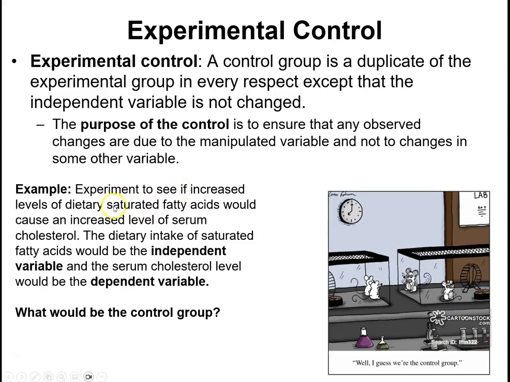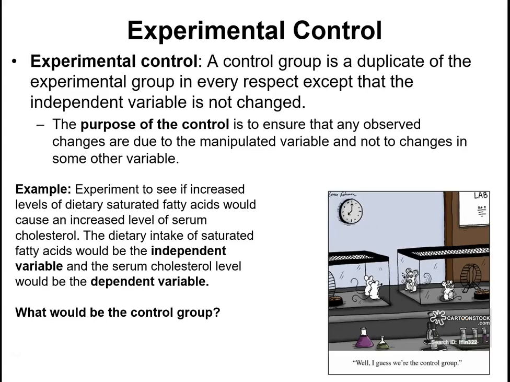Because if we are having a group that is eating increased levels of saturated fatty acids in their diet, and maybe another group that is having lower levels of saturated fatty acids in their diet, you don't want them to also increase or decrease their sugar intake at the same time, or increase or decrease their fiber intake at the same time, because those are all things that could potentially impact serum cholesterol levels.